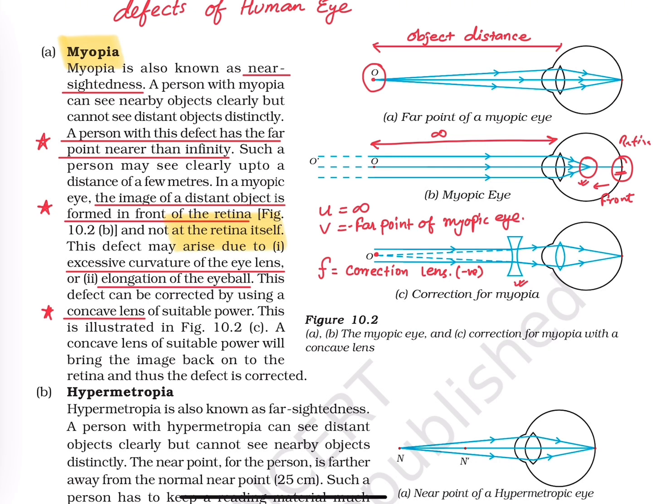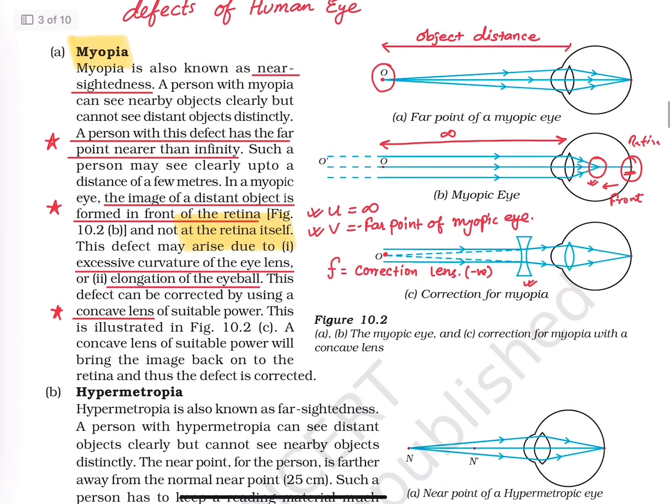When you will be solving a numerical based on the defect of myopic vision, you have to remember that the object distance is considered to be infinity, the image distance is the far point of the myopic eye, and the focal length is the focus of the correction lens that we use.